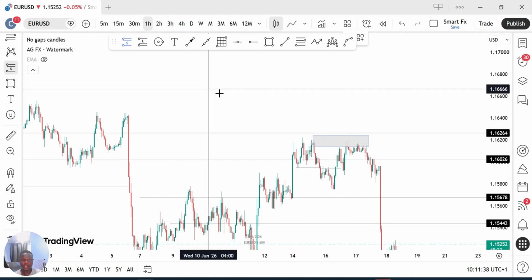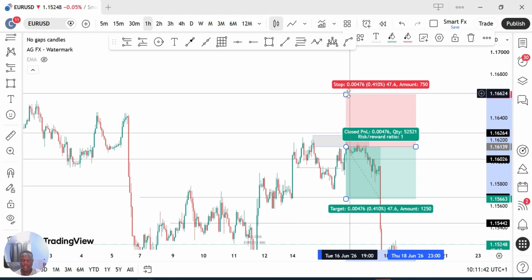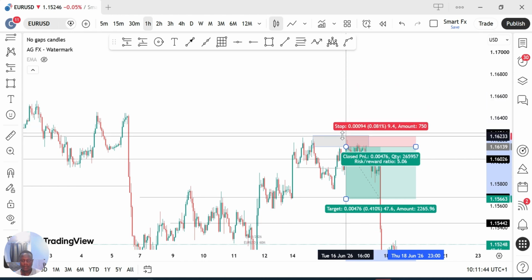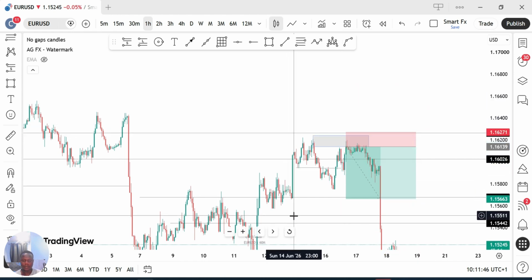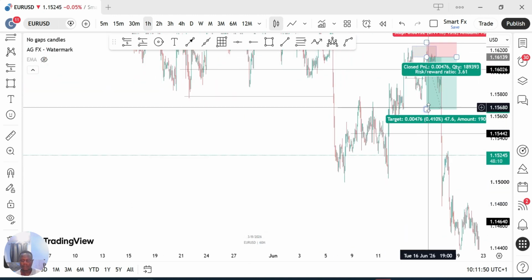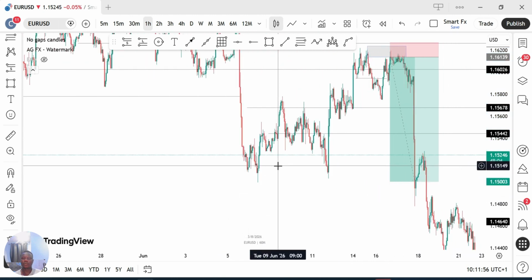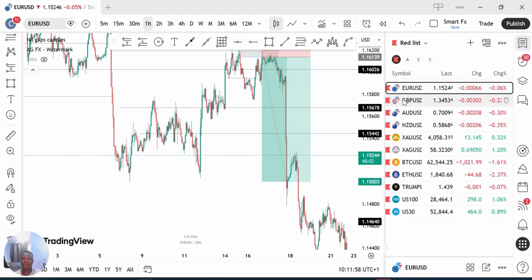So something like this. So far you are following the trend. These things play out at least 7/10, and you will target the low where the whole pullback started. So this is what I'll be looking at.